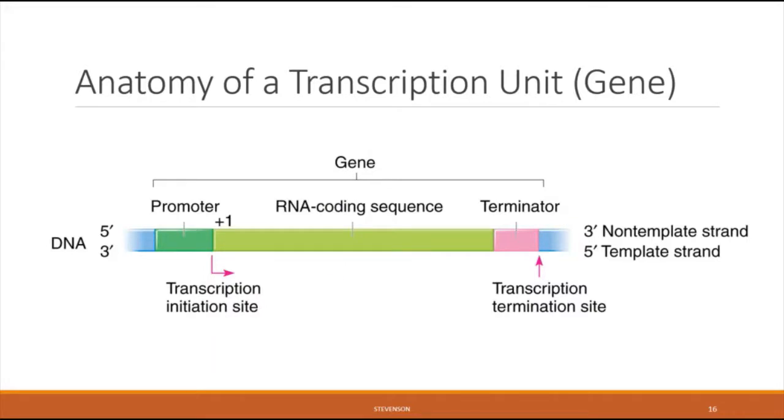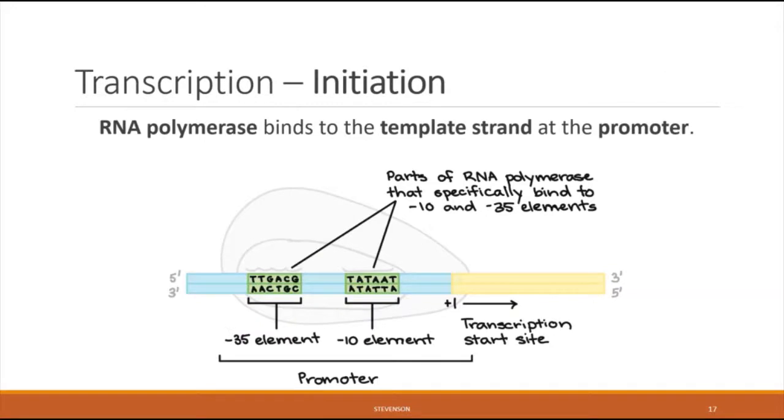Now that we have a sense of what the gene looks like, we can talk about how transcription works on that gene. In the first stage of transcription, which is called initiation, a special enzyme called RNA polymerase binds to the template DNA at the promoter. Now, RNA polymerase, if this sounds familiar, it's because we previously talked about another similar enzyme called DNA polymerase, specifically DNA polymerase 3 and DNA polymerase 1 when we were discussing DNA replication.